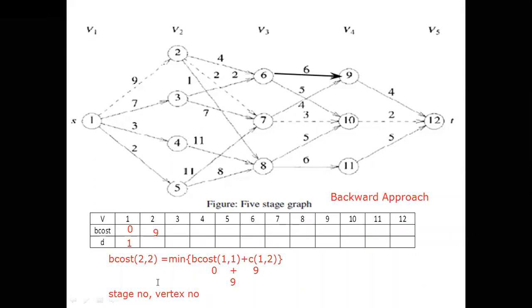Right. And D, what is the D value? For the second vertex, from which vertex is it penetrating to the second vertex? From vertex number 1. That is why we have to write here 1. I hope it's clear.